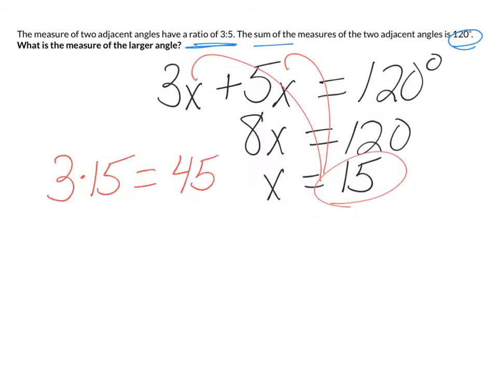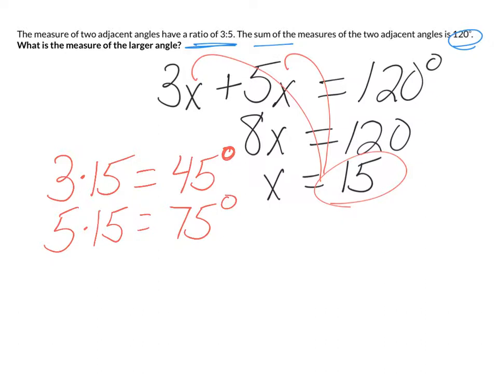So one of those angles is 45 degrees. Okay, if I take 5 times 15, I'm going to get 75. Okay, 3 times 15 is 45, 5 times 15 is 75.